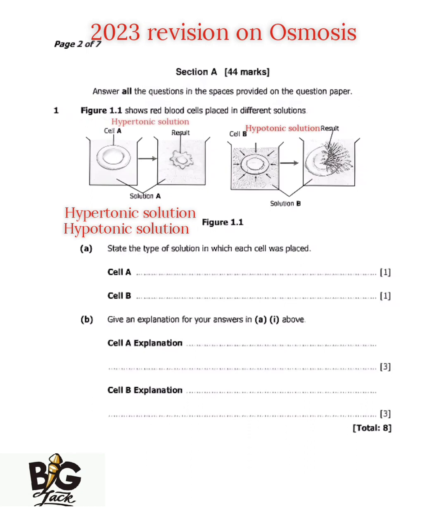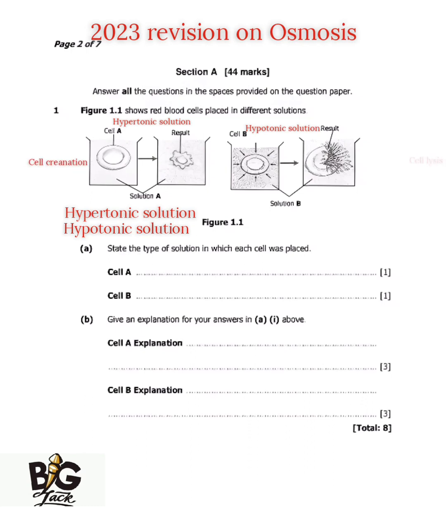I didn't explain hypertonic yet. When a cell is placed in a hypertonic solution, it is going to reduce in size, in that it loses water by osmosis. As a result, it undergoes crenation.